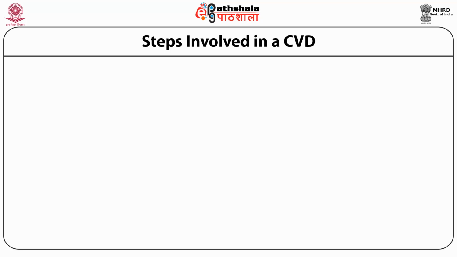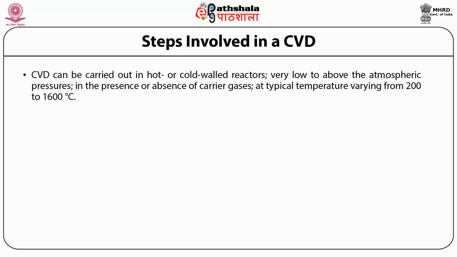As can be anticipated, due to the multiplicity of the deposited materials and wide-ranging applications, several types of CVD have been developed. It can be carried out in hot or cold-walled reactors, at very low to above atmospheric pressures, in the presence or absence of carrier gases, at typical temperatures varying from 200 to 1600 degrees centigrade.